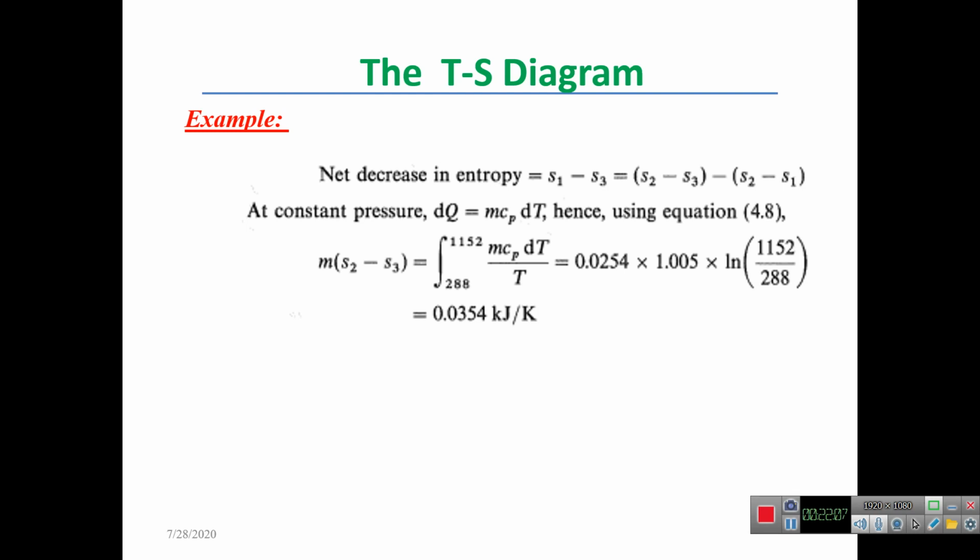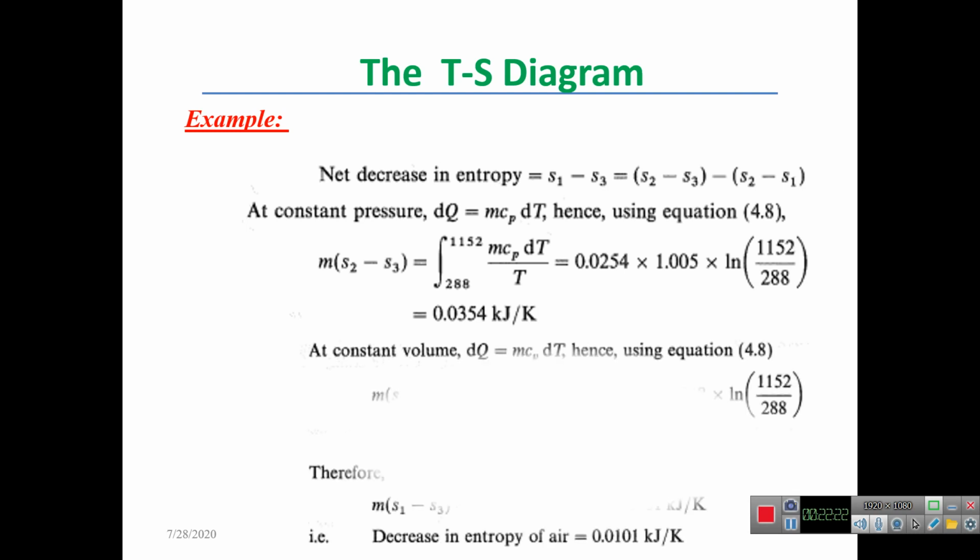So ln 1152 divided by 288, and this gives us the entropy change between 2 to 3 as being equal to 0.0354 kilojoule per Kelvin.